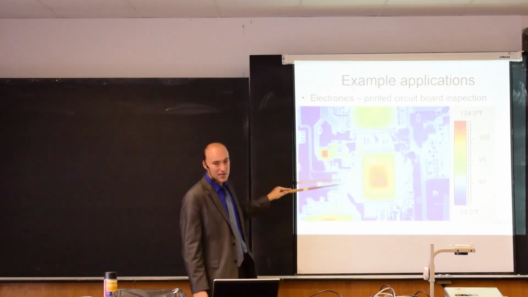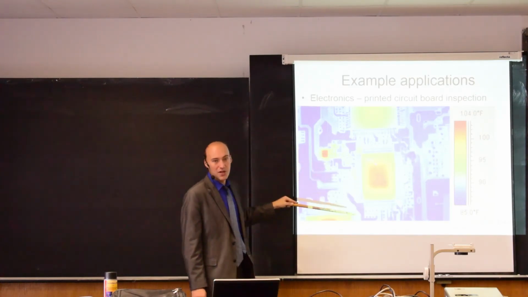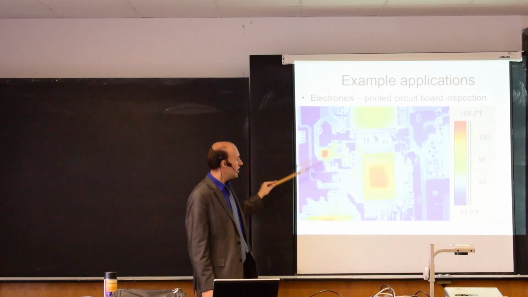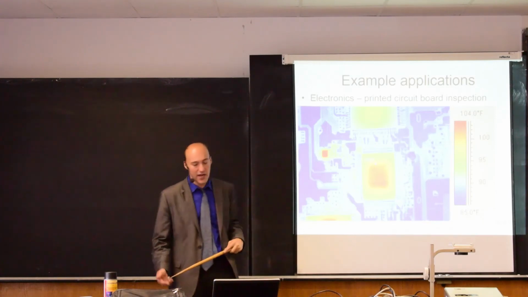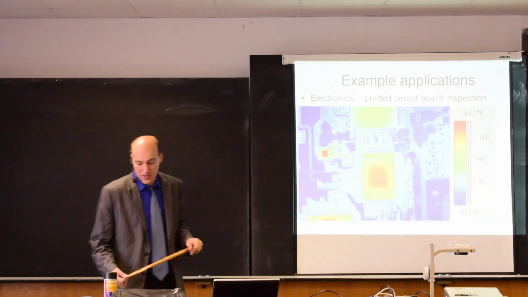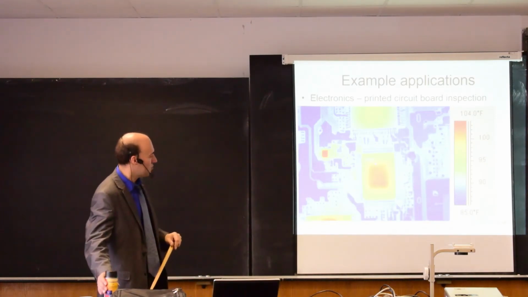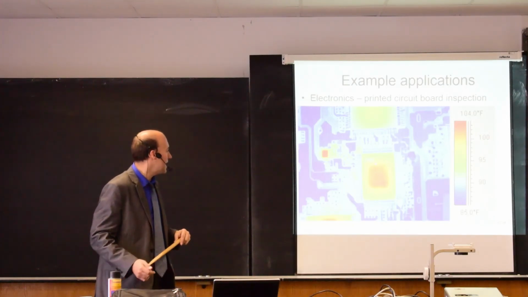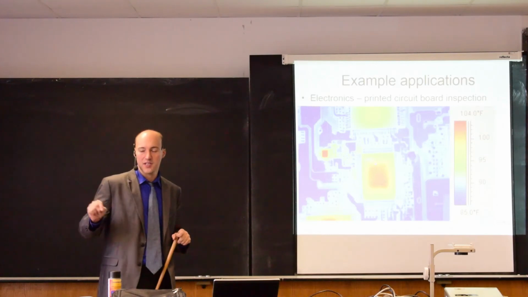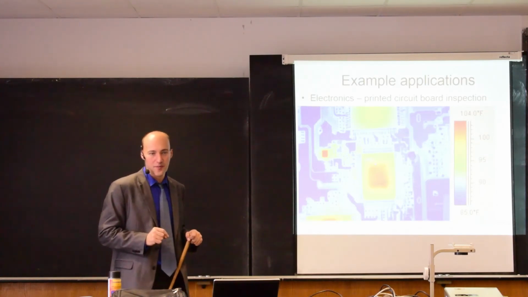Again, we can't say anything about the absolute temperature. We can say, okay, this is warmer, this is colder. That's all. If I would really like to read the absolute temperature, we would need to spray paint this with this paint, and then we say, okay, this is the correct temperature reading.